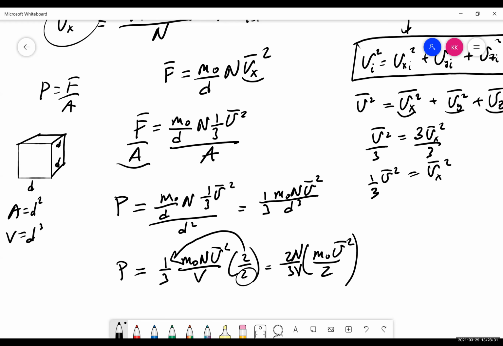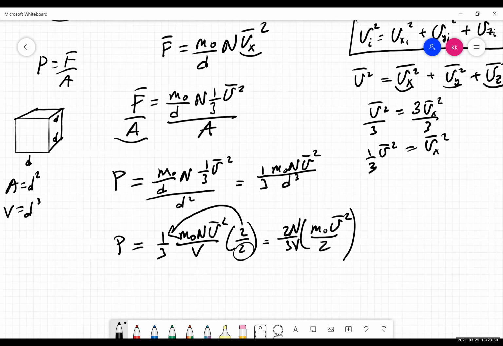If I rearrange it like this, you can already see what I have: mass times velocity square over 2, or 1/2 mv square. Hopefully you remember what 1/2 mv square is. It's basically kinetic energy.